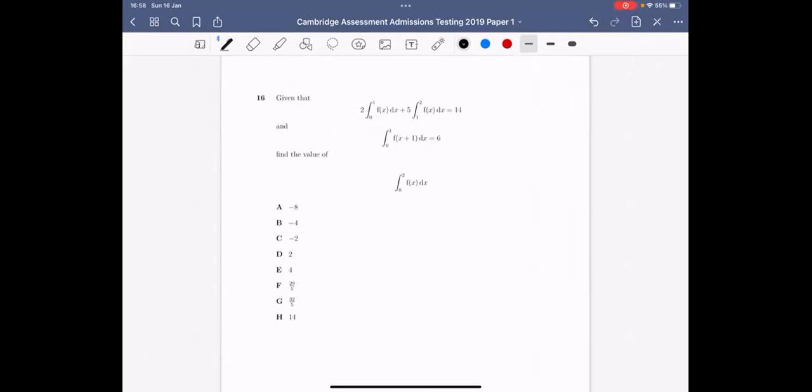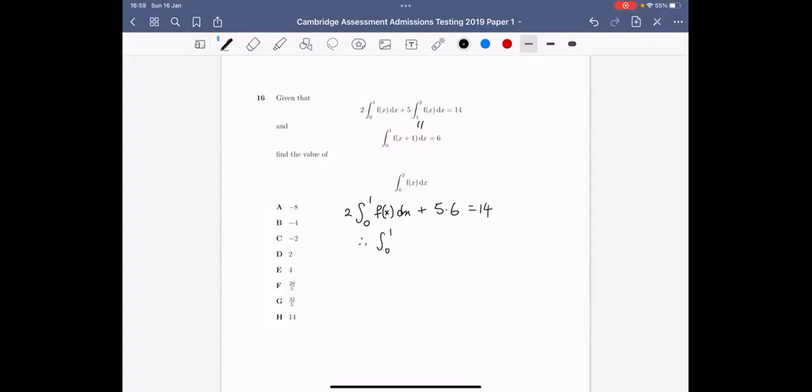I'm just going to assume that it's smooth, continuous, whatnot. So notice that this is shifted to the left and integrate from 0 to 1. That means you might as well integrate from 1 to 2. So that means these two values are actually equal. So then that means this plus, so now this is 5 times 6 is 14.